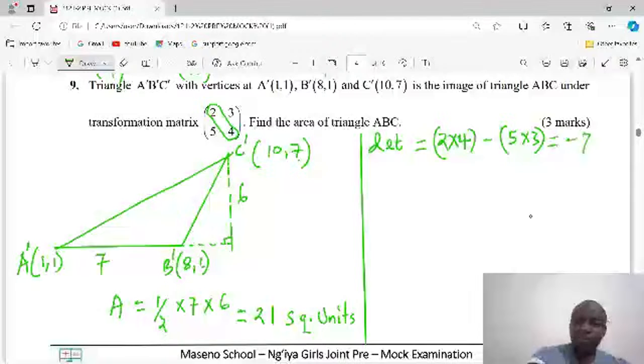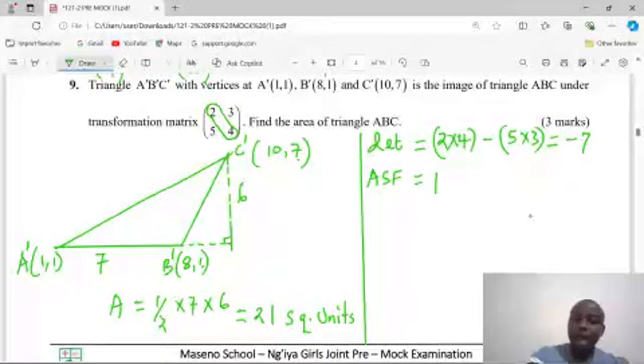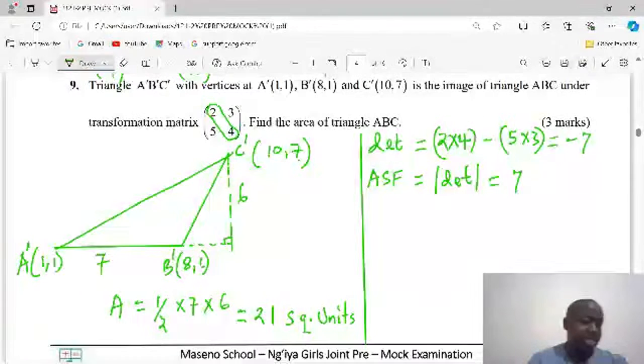But now we usually say area scale factor equals the absolute value of the determinant of the matrix of transformation. This means area scale factor.